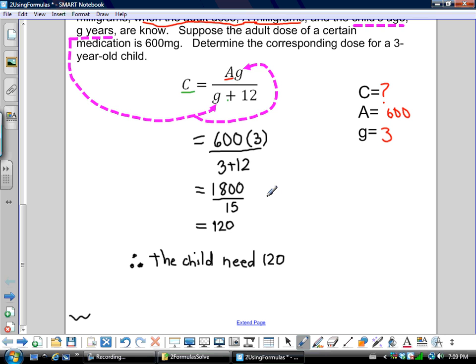We're talking about medication, and you can see that it's milligrams. You can make it fancier and put 120 milligrams of medication, but that at least is sufficient in order to get your marks. Okay, stay tuned for part 2.